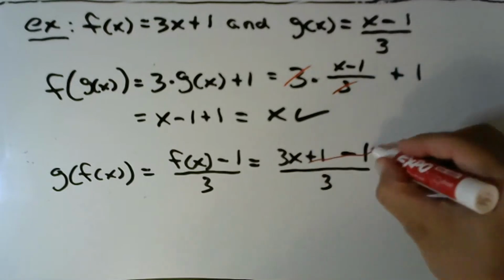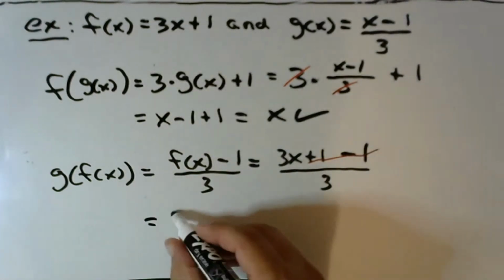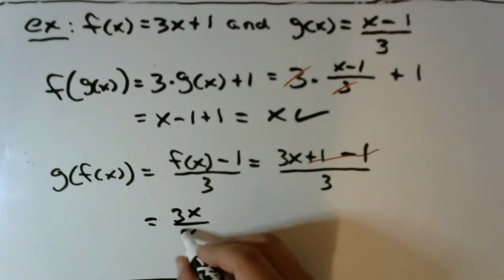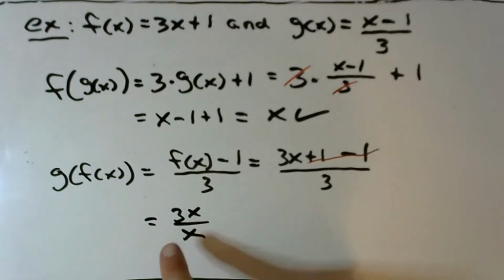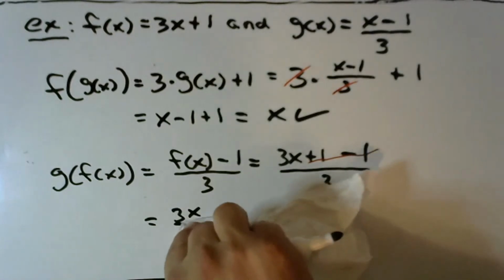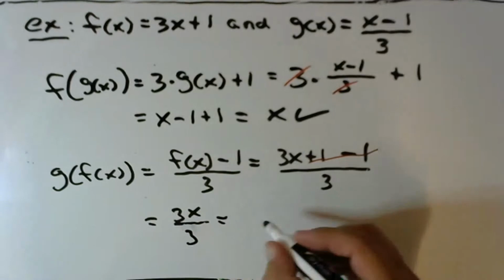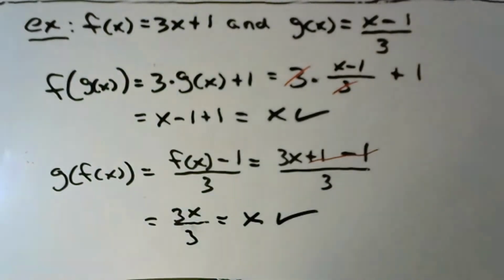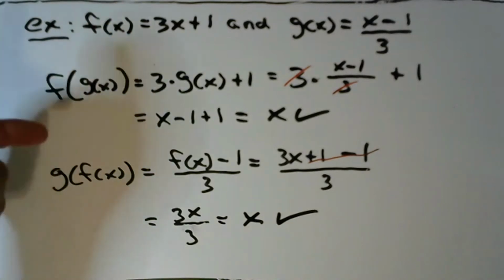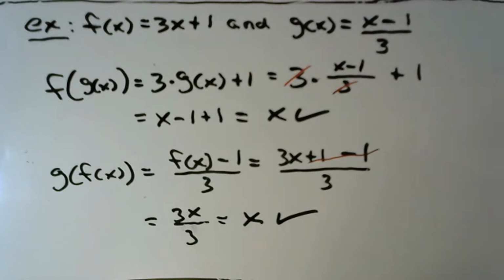And then we've got our 1's canceling out there. So we get 3x over, I'm sorry, over 3. And sure enough, that also gives you x. So since both of these give x, f and g are inverses of each other. So that shows that they are.